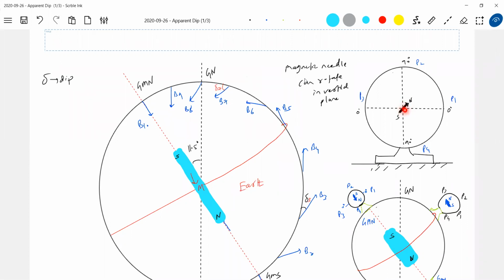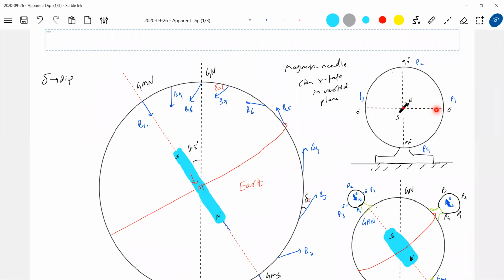So the first reason is that the center of the needle is not at the center of the vertical scale, meaning the dot and the origin should be at the same point, but it may not happen. Maybe the needle will be mounted here. Next, the 0 degree line will not be horizontal when I'm designing the dip circle.